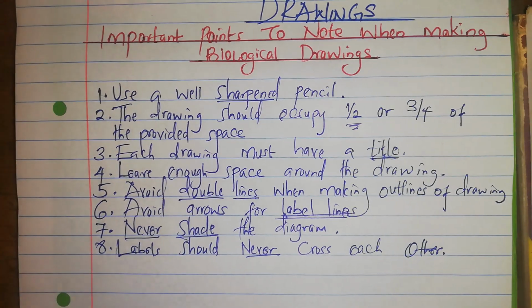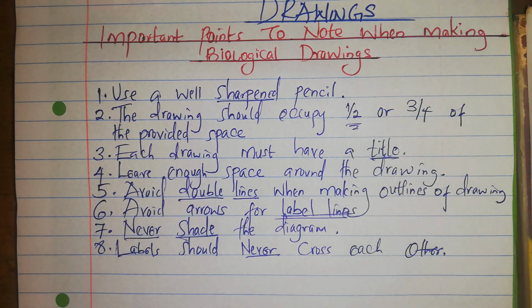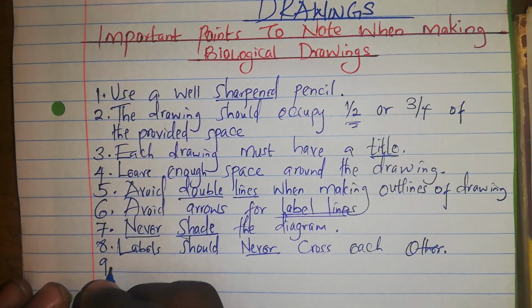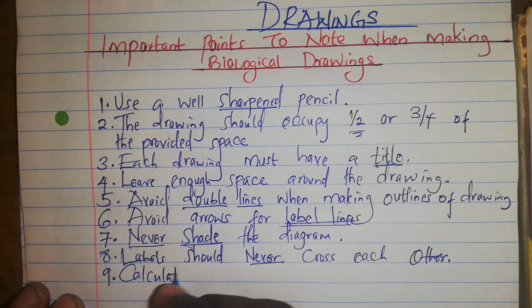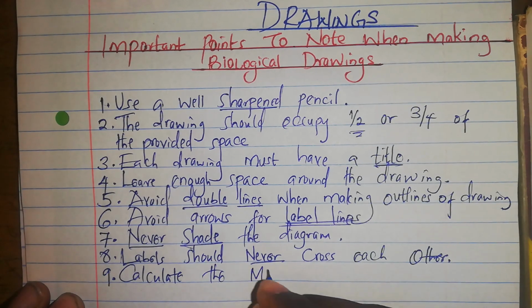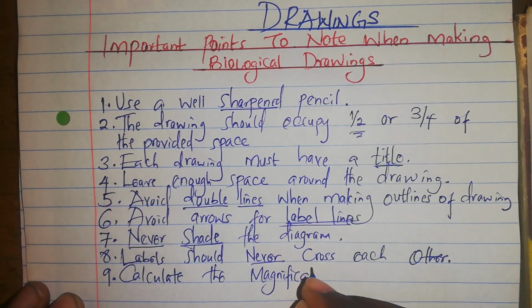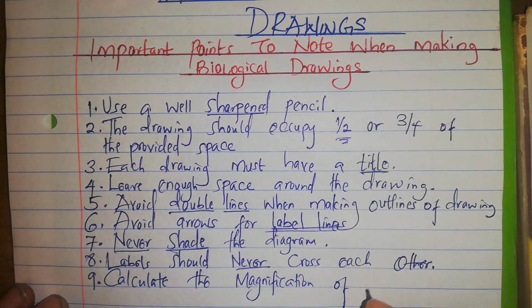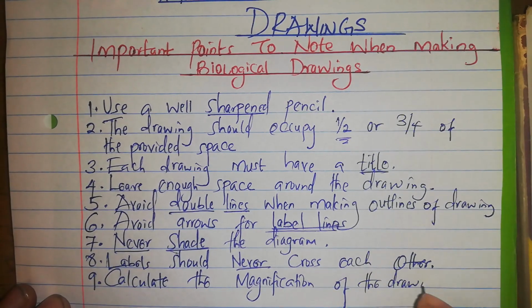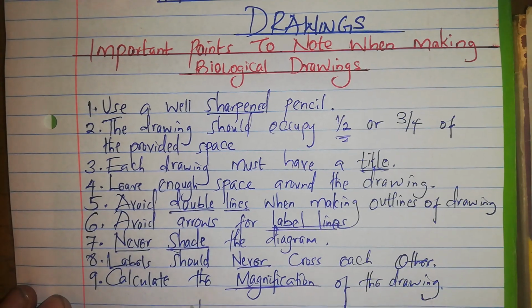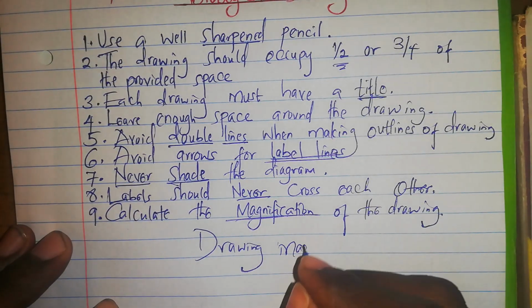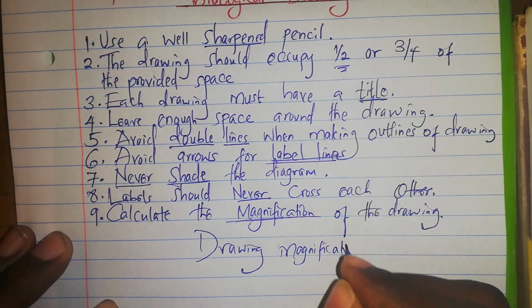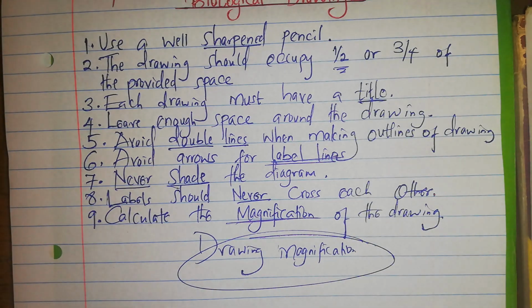During labeling, ensure that no label line crosses any other. Number 9, the last one, calculate the magnification of the drawing. I know we have talked about drawing magnification. You can apply the formula that we discussed in that video of magnification.